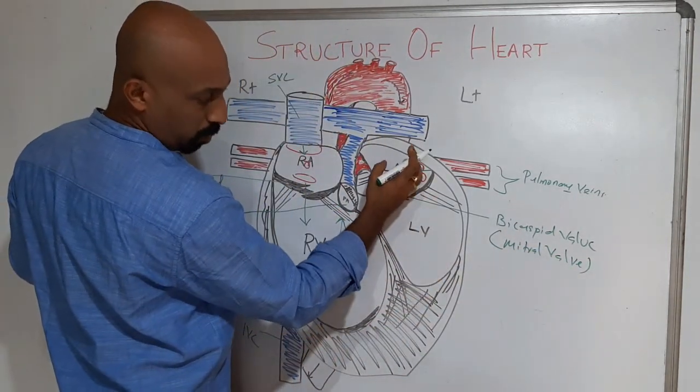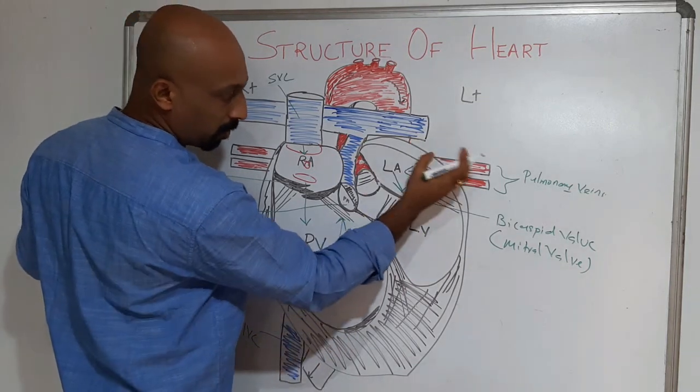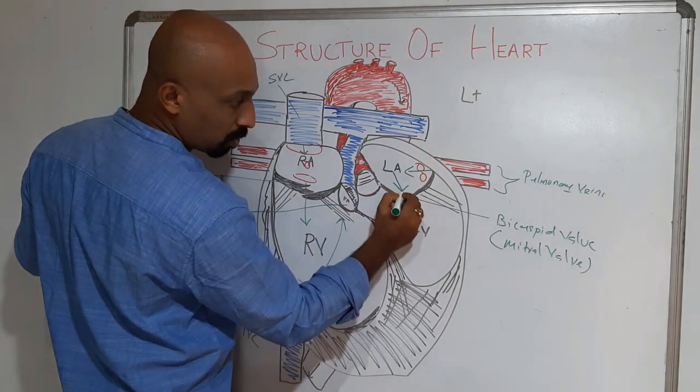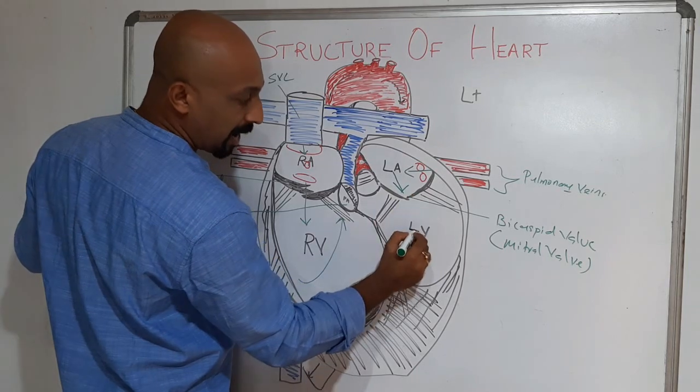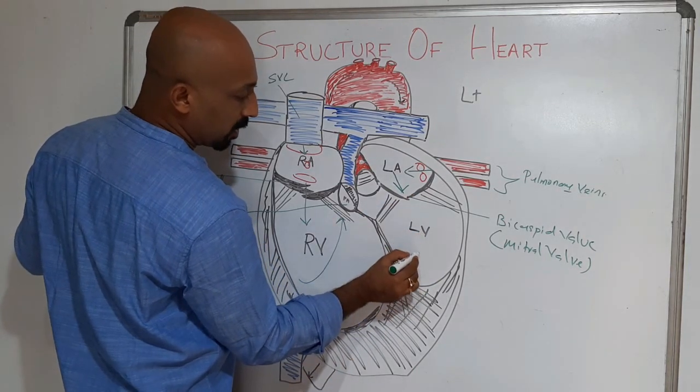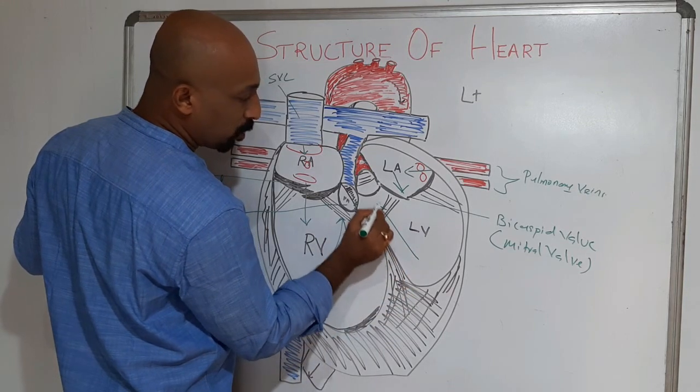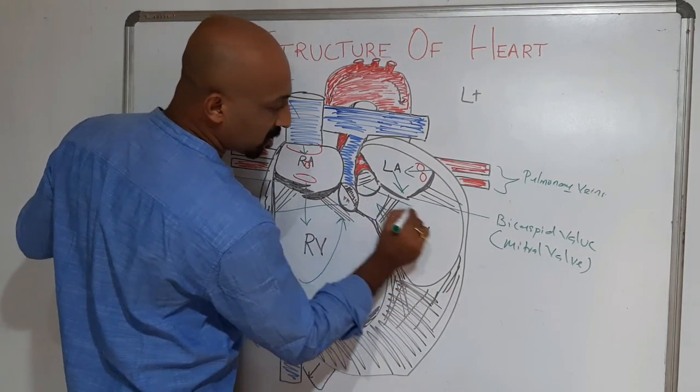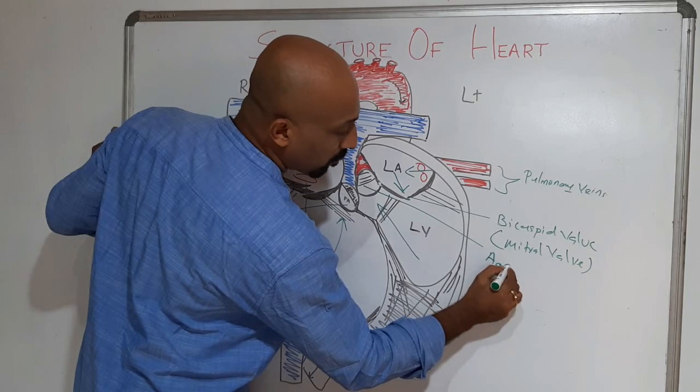Whatever blood comes over here goes through the bicuspid valve to the left ventricle. From the left ventricle, during contraction, it goes to the next structure, that is the aorta.